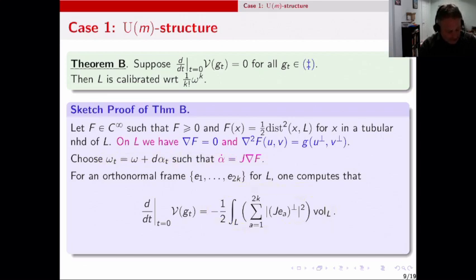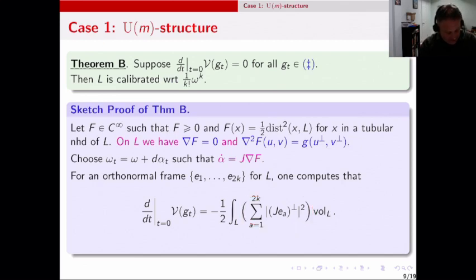There's some non-zero constant in front, which is not important, and then the integrand here is non-negative. Our assumption was that we were critical for all of these types of variations. So we're definitely critical for this variation, and therefore this thing has to be 0 because it's non-negative and it integrates to 0.